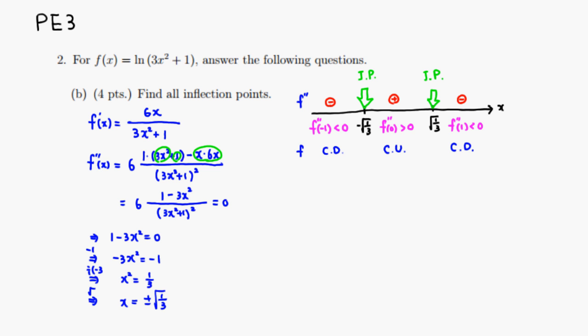So let's find the y-coordinates of the inflection points. We know the x-coordinates are negative square root of 1/3 and positive square root of 1/3.